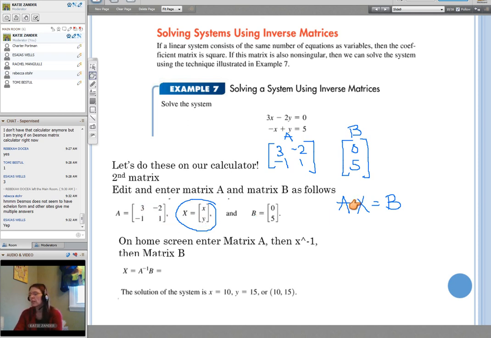To get the x by itself, we have to do the inverse of A, right? Because we want to get rid of A. And there's no such thing as dividing matrices, but we do know an inverse. So if I take the inverse of matrix A, I also have to take the inverse on the other side as well. Now here's the kicker. Where you put that inverse of matrix A matters.